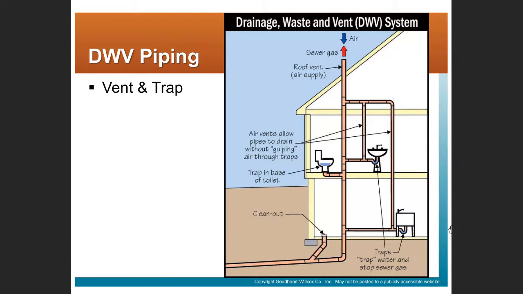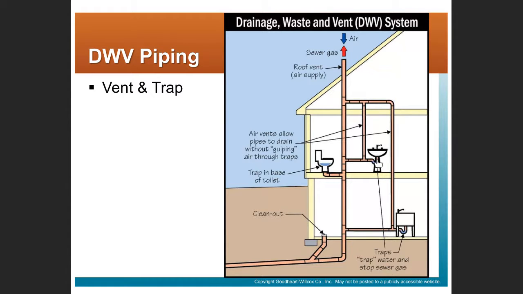Right, here's kind of, again, DWV 101, right? We have a trap at each fixture, right? That trap, or that little bit of water, is keeping the smells, the sewer gas, from coming into your house.